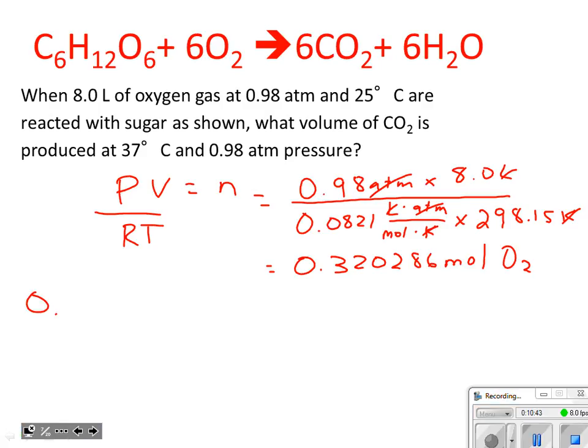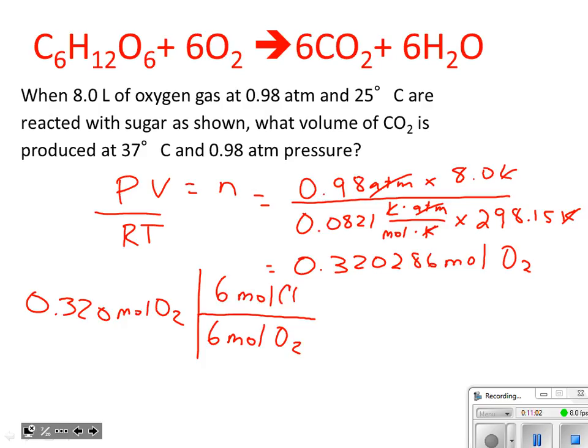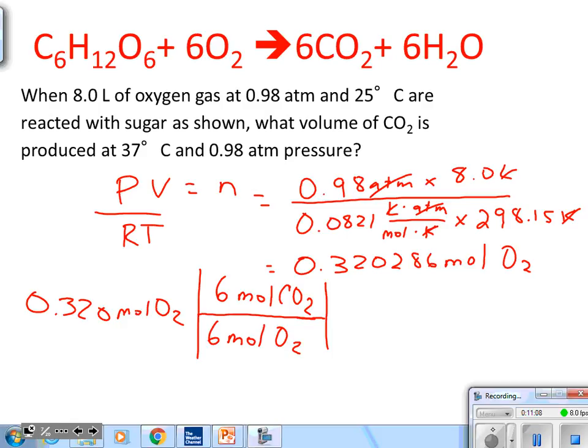So I'm going to take the 0.320 mole of oxygen. Just going to be a one-stepper. So I know that 6 mole of oxygen, 6 mole of carbon dioxide. Go ahead and take a break. Okay, we'll finish this when you get back from break.